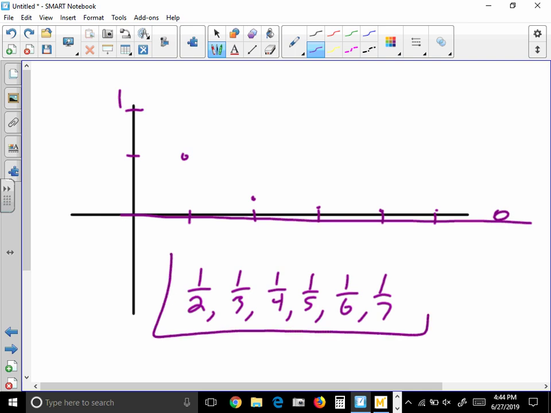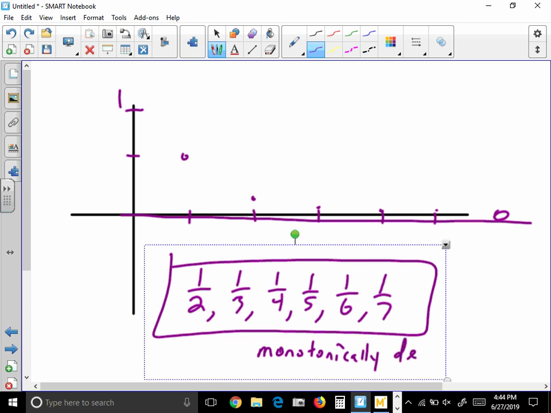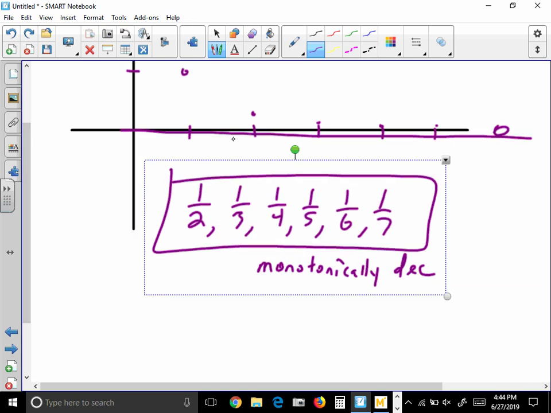So if they are monotonically decreasing, and this bottom that they never cross is referred to as a lower bound.